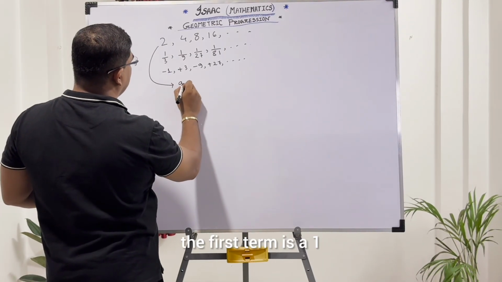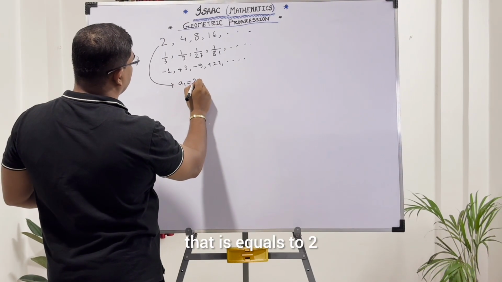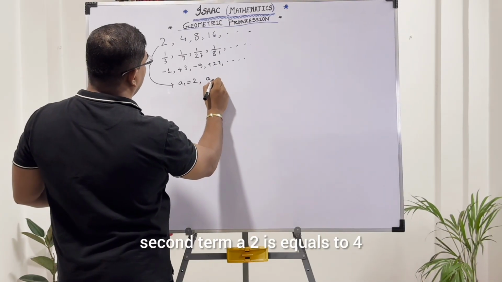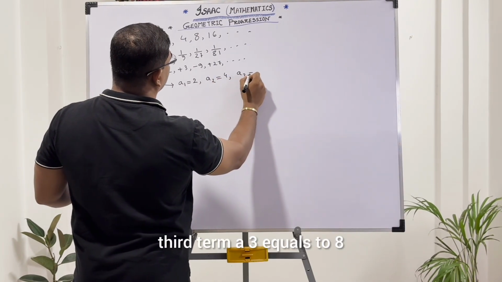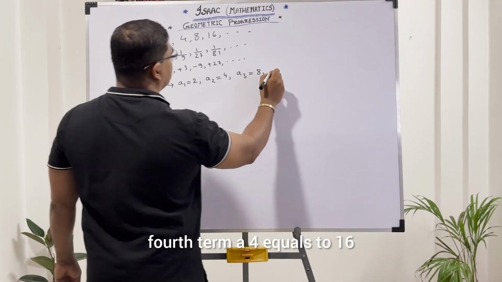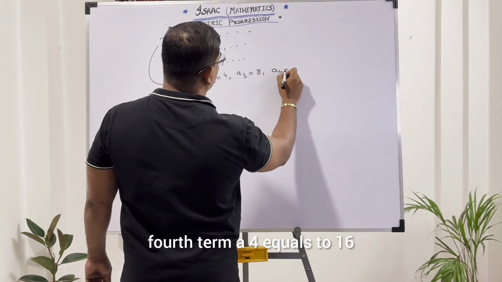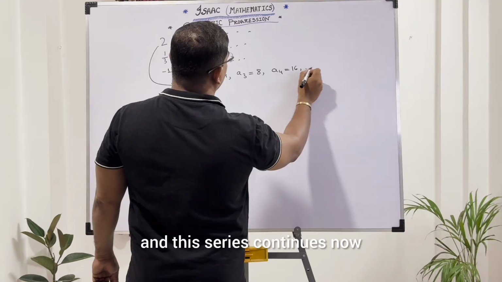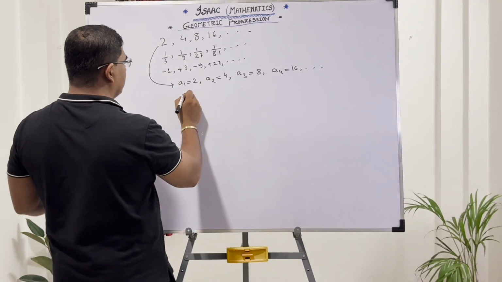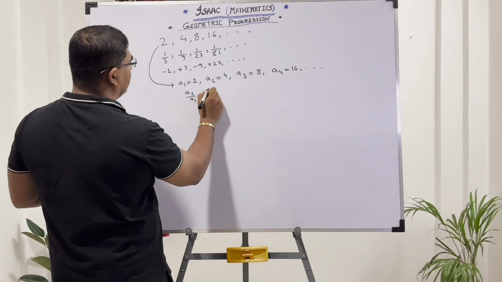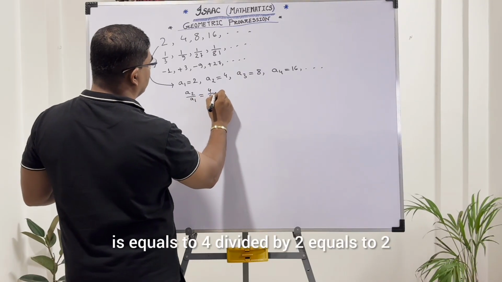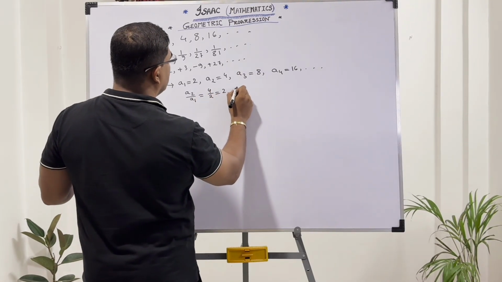the first term A1 is equal to 2. Second term A2 is equal to 4. Third term A3 equals 8. Fourth term A4 equals 16. And this series continues. Now, A2 by A1 is equal to 4 divided by 2 equals 2.